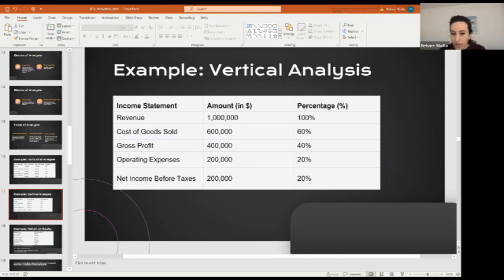All these are presented as a percentage of the revenue, so the base to calculate these percentages is the revenues.